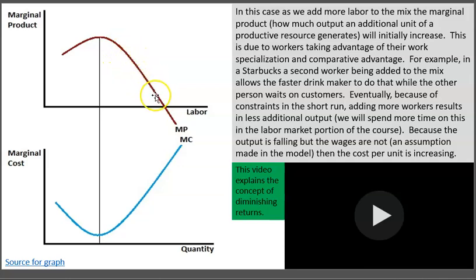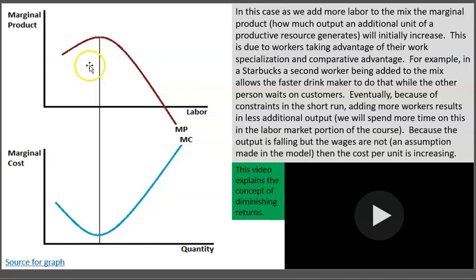Now, if you add too much labor into the mix, it can actually go backwards, where adding another worker means total output falls. And that could simply be because people are running into each other, or what I've also seen happen in my work experience is you get a lot of people in a space and they each expect the other person to do the work.